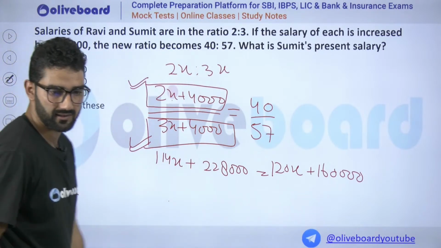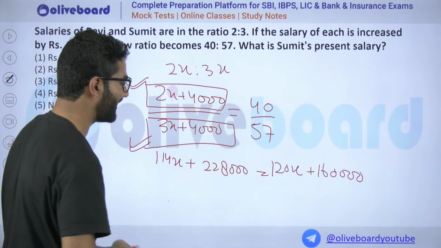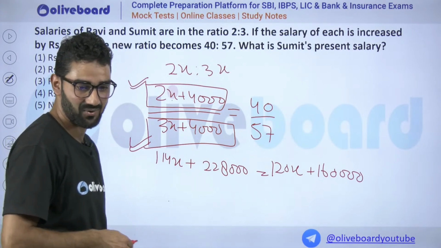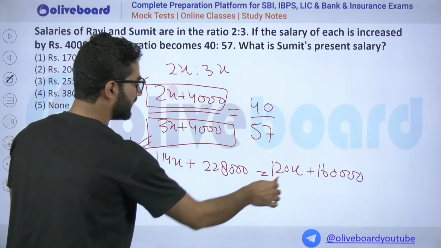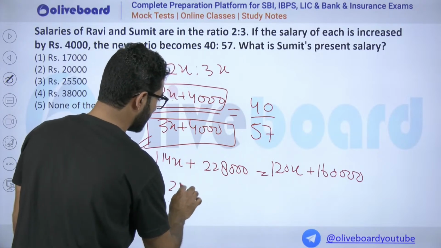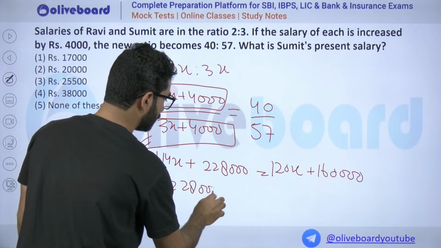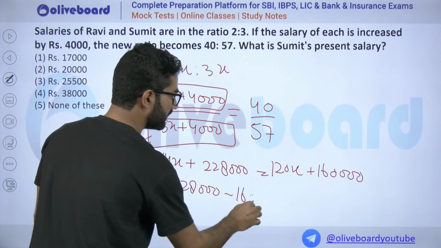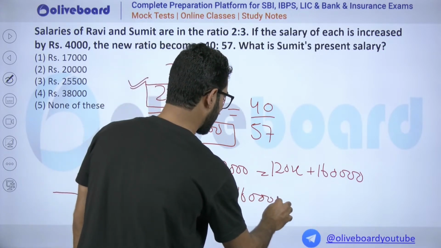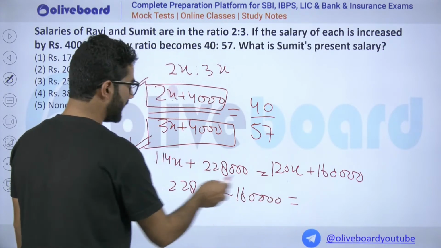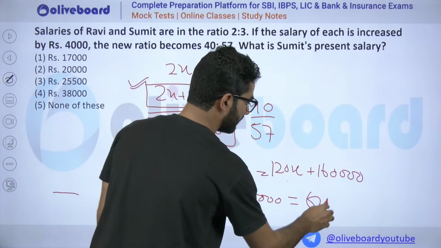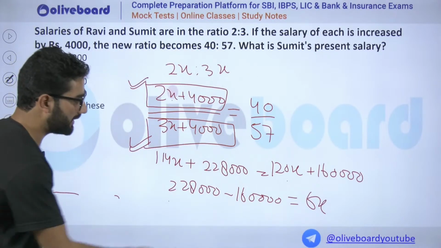Now yes, Leo sir, it is E. Okay, too much variation, Leo. Now in order to equalize it, I can do one thing. I can write 228,000 minus 16,40. That is nothing. 120 minus 140, that will be 6x. Okay, what is the difference between them?